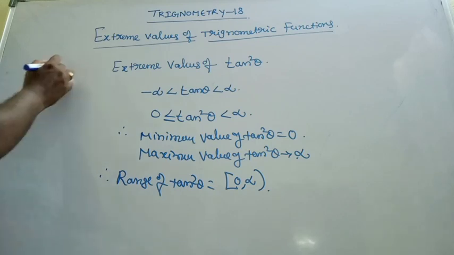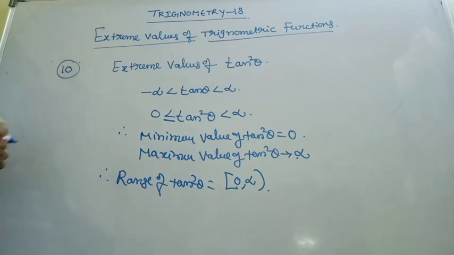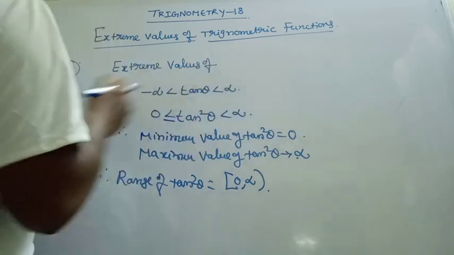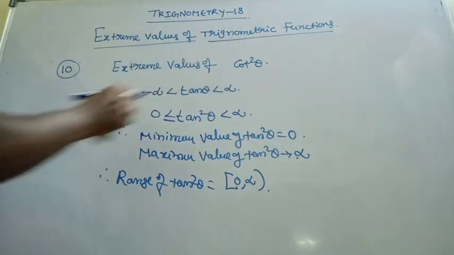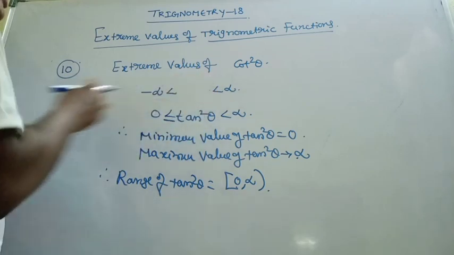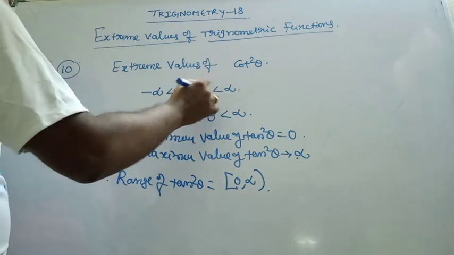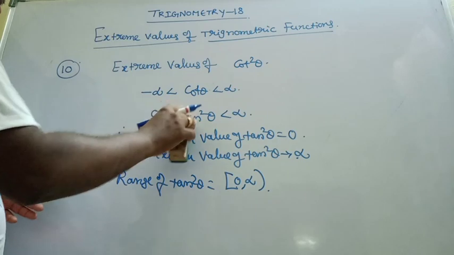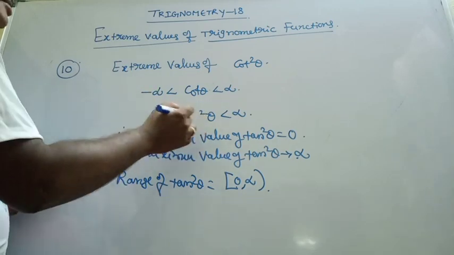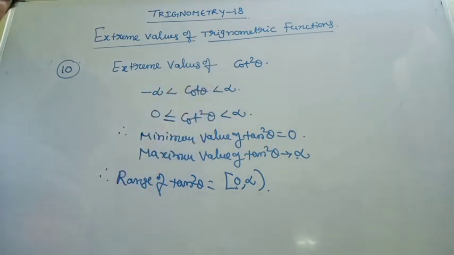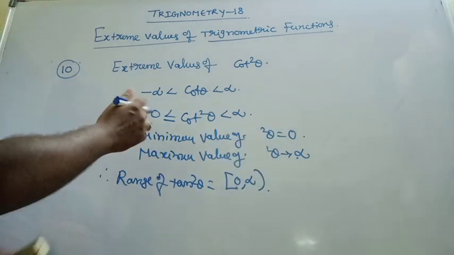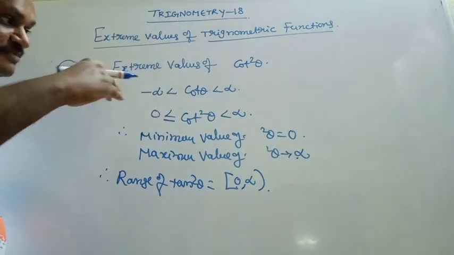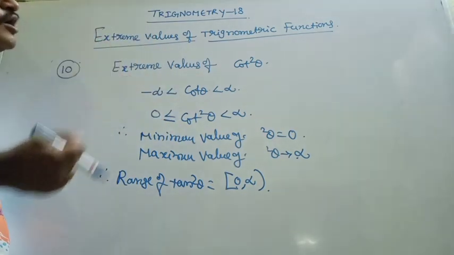Now the 10th one, in the same way we are having extreme values of cot square theta. Just replace with the same ideology and the same things we are going to get. In the place of tan theta, cot theta also lies between minus infinity to plus infinity. Now you are having here cot square theta. Therefore, the minimum value of cot square theta, the same logic will be applied because negative numbers will be transformed into positive numbers.